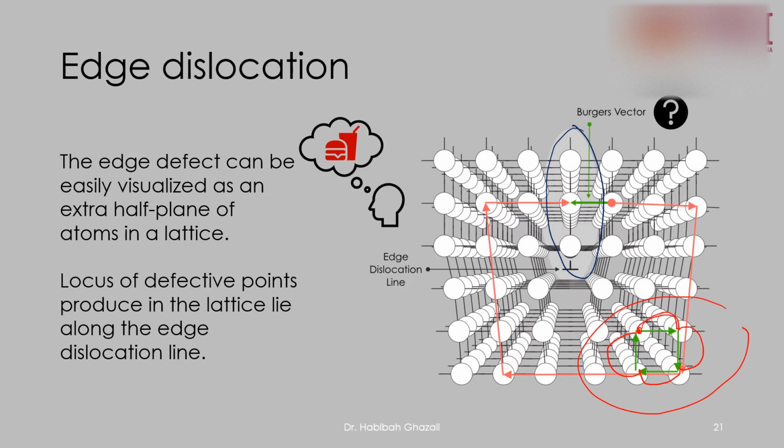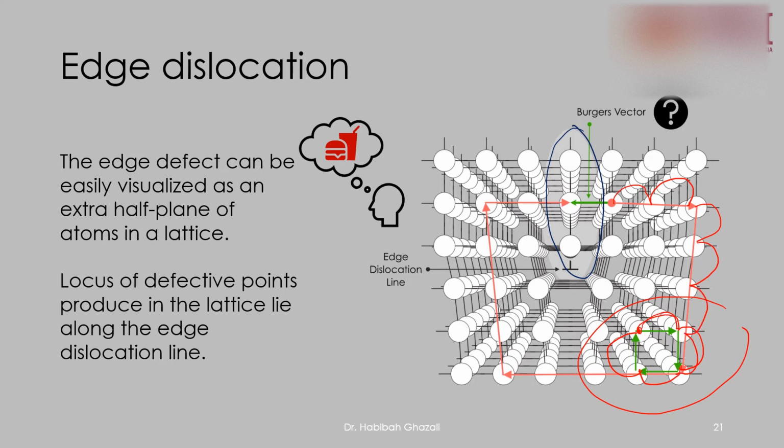However, let's have a look if we have one half extra plane. If let's say I move 4 positions in the positive x, I'll just do 1, 2 first, and then 4 positions in negative y, 1, 2, 3, 4.